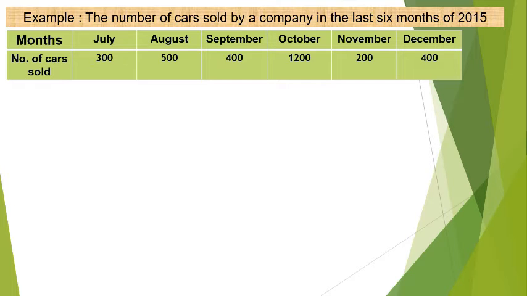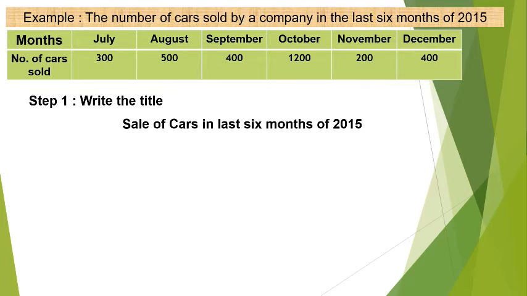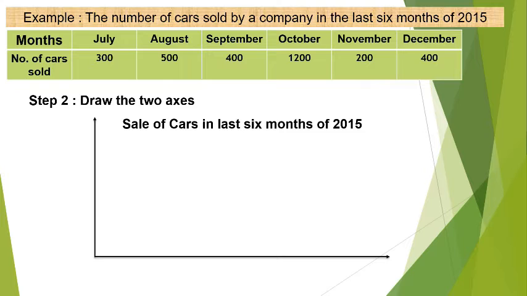Now, let's draw the bar graph. The very first step is write the title. Like in this, the title is Sale of Cars in the last 6 months of 2015. Then your second step will be draw the two axes. So, we will be again drawing the two axes, the x-axis and the y-axis. Then comes the third step, that is choose the suitable scale.